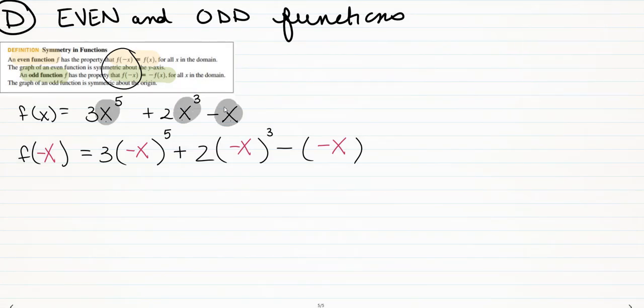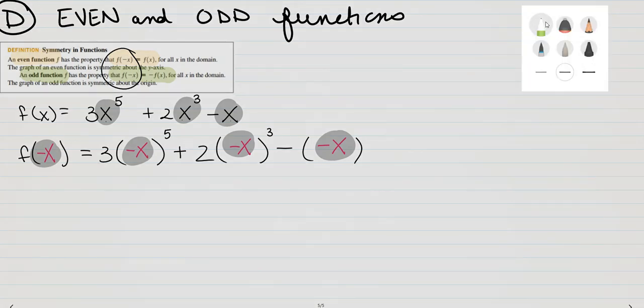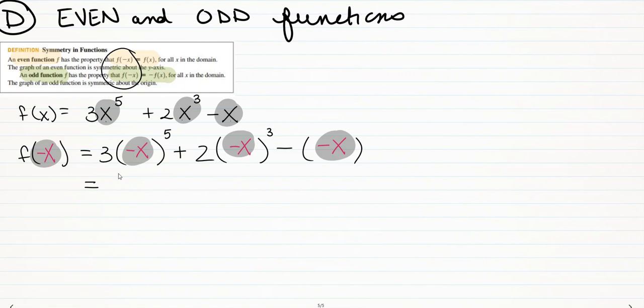And then what you do next is you go in and you replace each of the empty parentheses with that opposite of x.